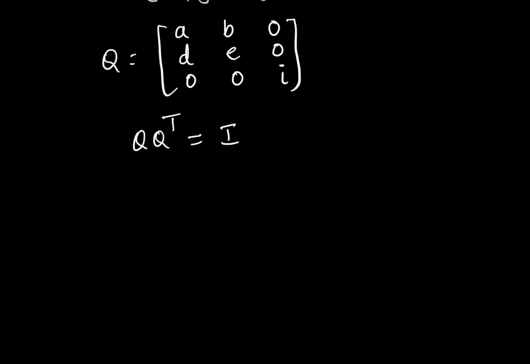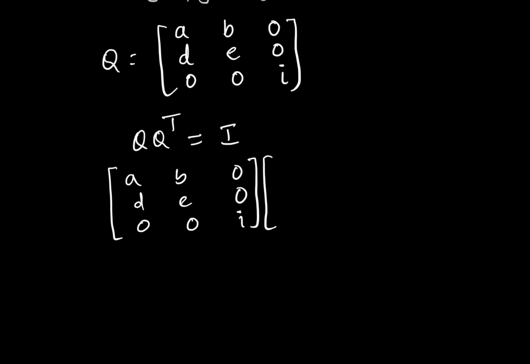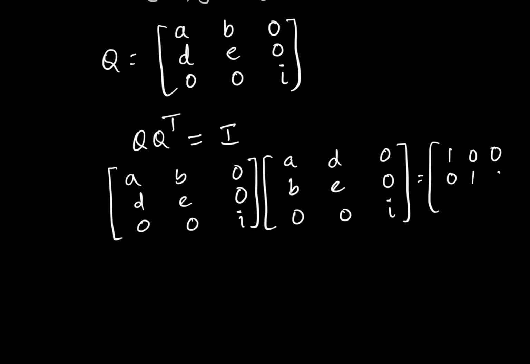By saying this, [A B 0; D E 0; 0 0 I] into its transpose is an identity matrix. A 3 by 3 identity matrix is like this.